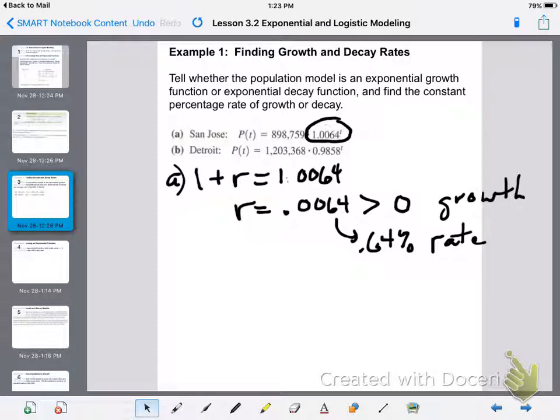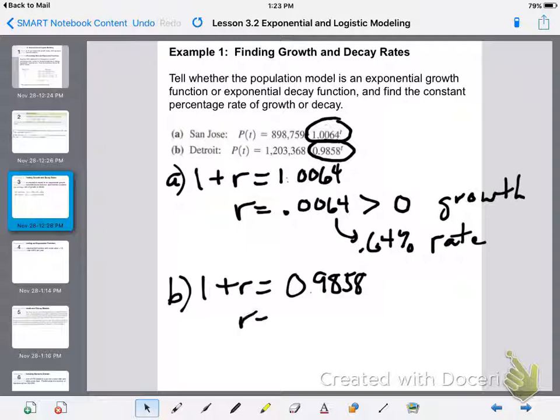Now, for part B, again, all I care about here is the base. So it's 0.9858. Subtract 1, and what I get now is negative 0.0142. Now that is less than 0. A negative number, less than 0, so we have a decay.